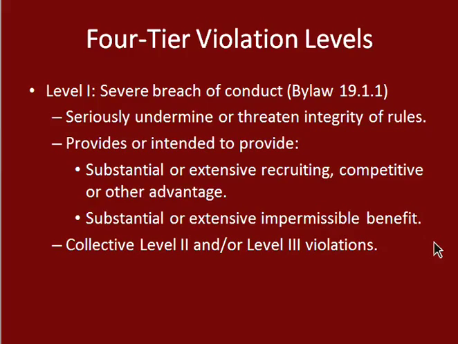And we'll talk about at various stages what you can do to populate the record with enough information to make your arguments sound. A typical Level 1 case could range from lack of institutional control, serious academic fraud cases, to cases involving tremendous amounts of extra benefits involving large numbers of student-athletes or programs over a significant period of time.